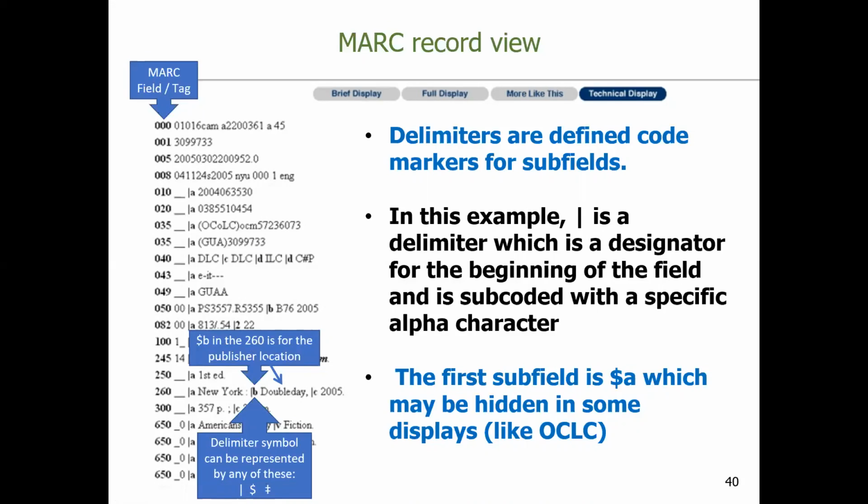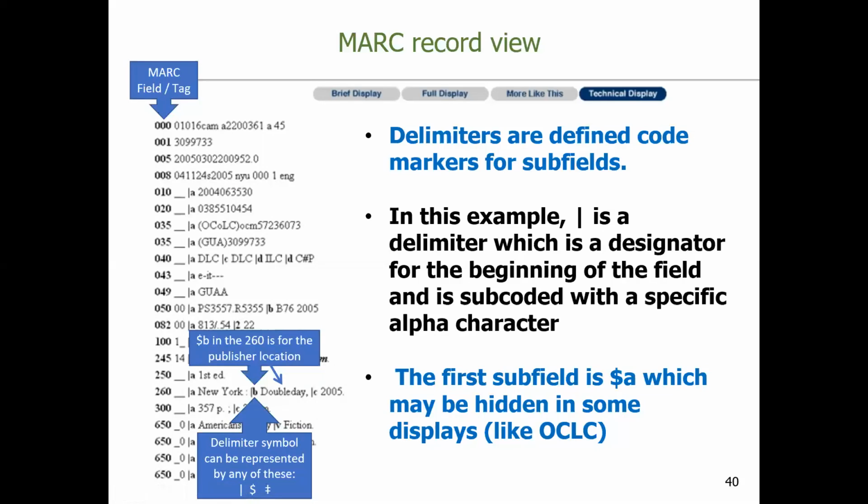Now if you have looked at a lot of records, you may just be able to see some of this and automatically know what it is. But it is defined by a MARC manual. So even if you know a 260 or 264 is the publisher location first, then publisher, and then the date, you're going to know that information anyway.